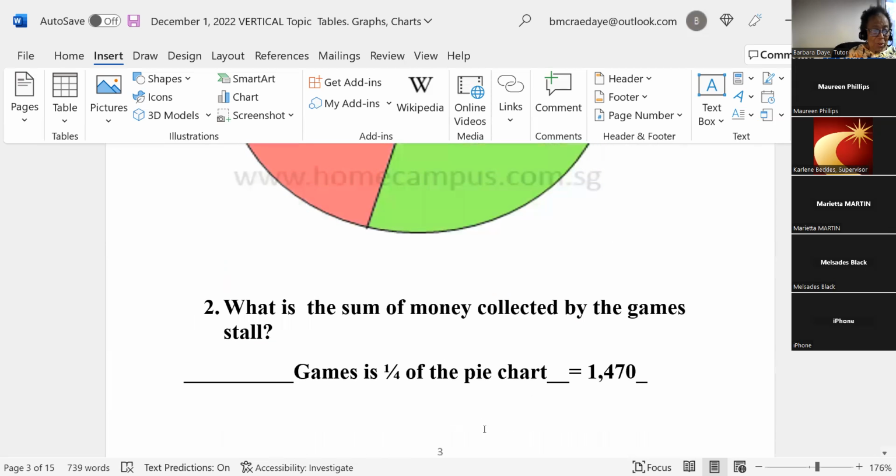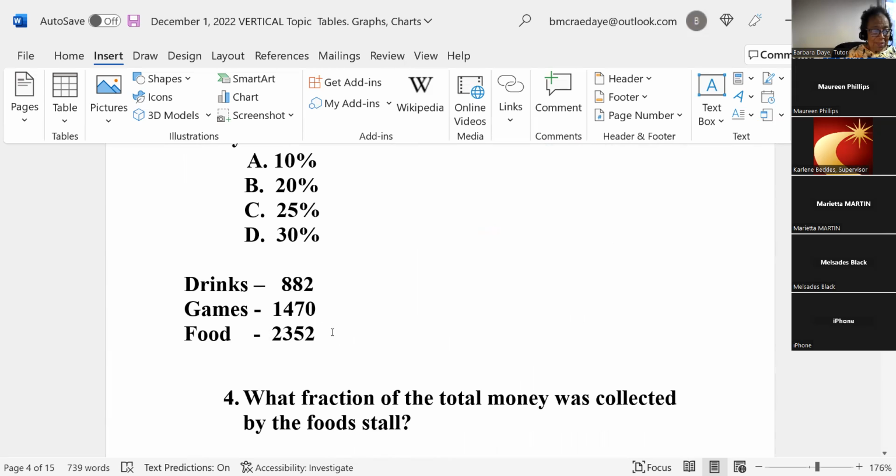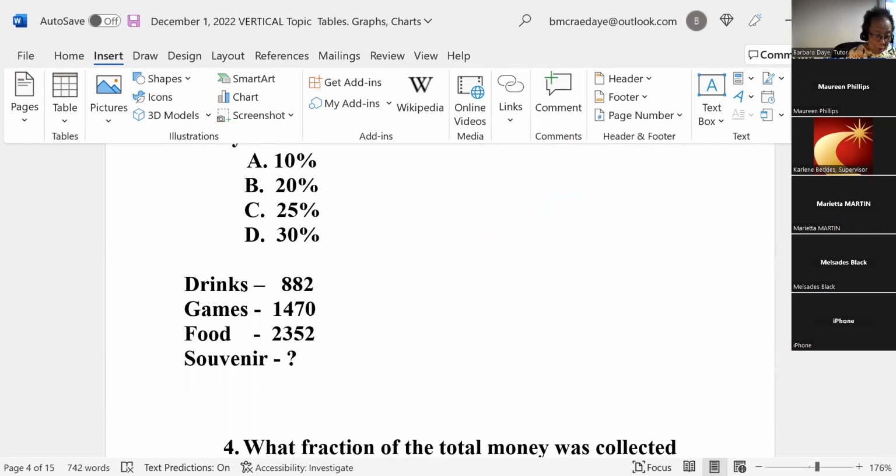That's the only one, but we know our total. So let's put souvenirs. I'll put a question mark. We don't know that one, but we know our total is what, 5,880, right? Yes.